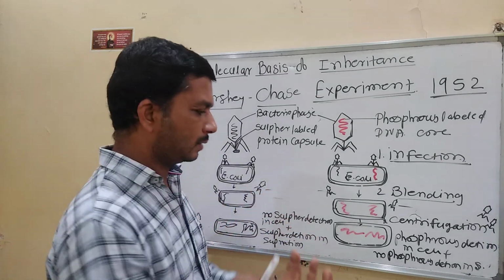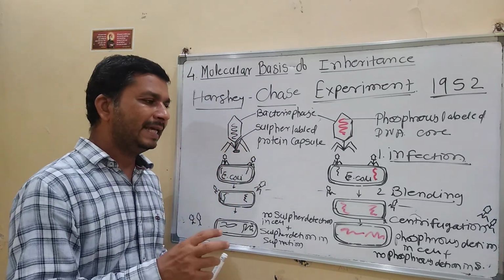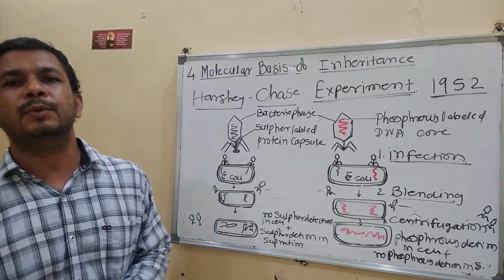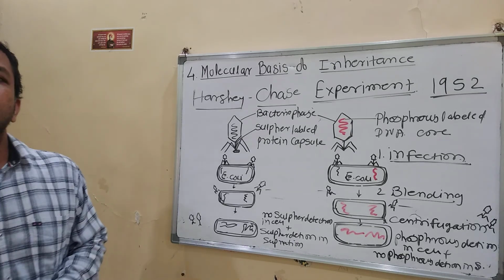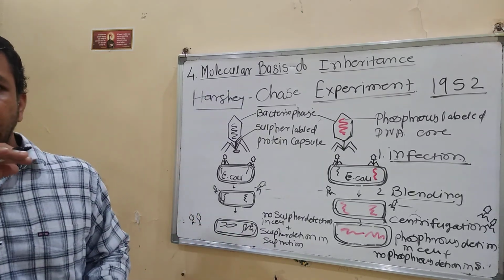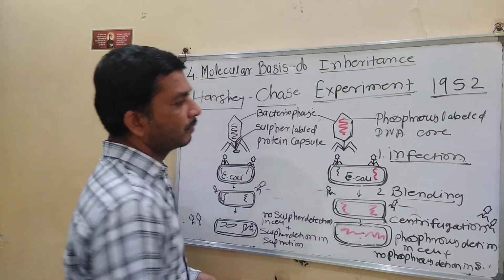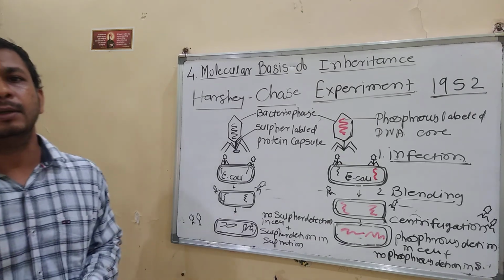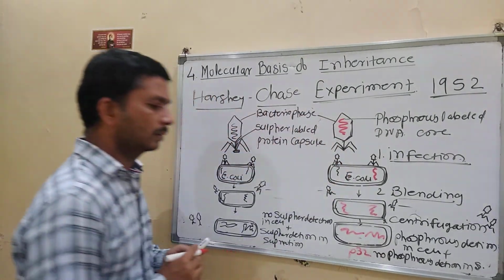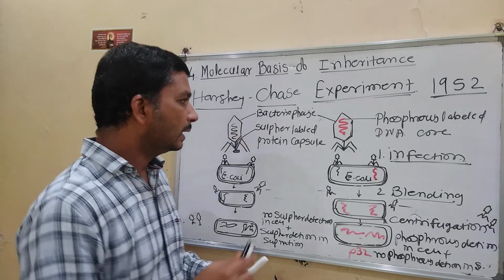They take that solution of E. coli bacteria in a tube and centrifuge it. After centrifugation, they found the bacterial pellet is radioactive with phosphorus labeled P32.